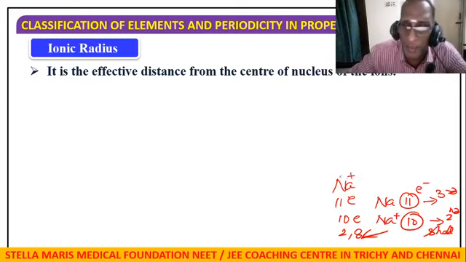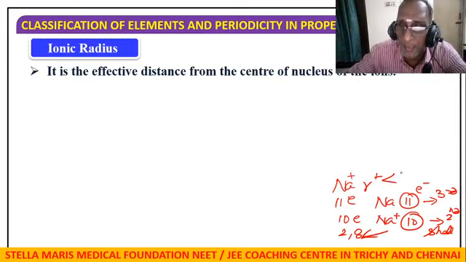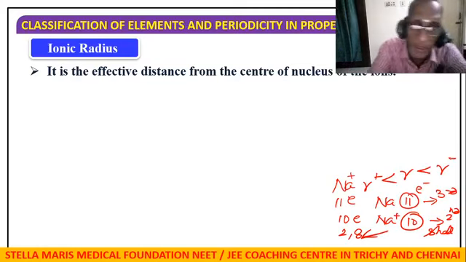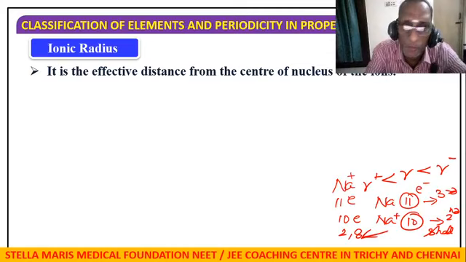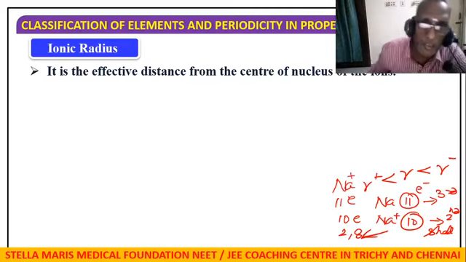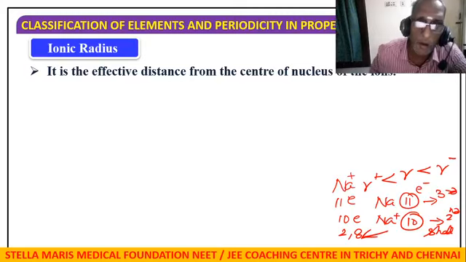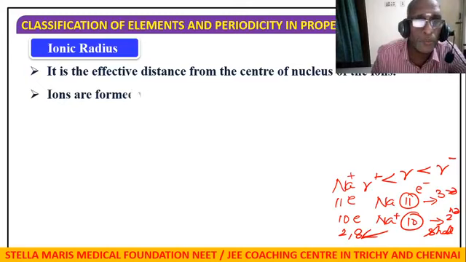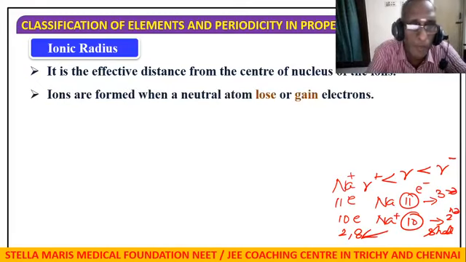The radius of the cation generally is less than the radius of the atom, which in turn is less than the radius of the anion. So that is the effective distance of the outermost electron or valence electron from the nucleus for the ionic species. You know what is meant by ions. Ions are charged particles.